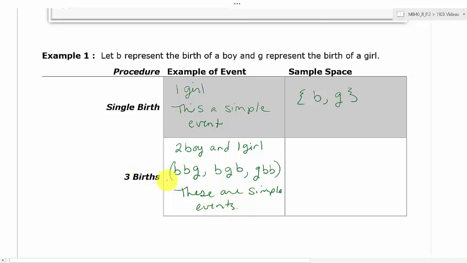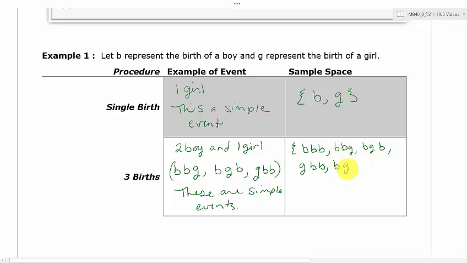So in general, all of the different possibilities for births. So we could have all three children be boys, and then we could have the three possibilities for two boys. So boy, boy, girl, boy, girl, boy, and girl, boy, boy. Now move on to having two girls and one boy.